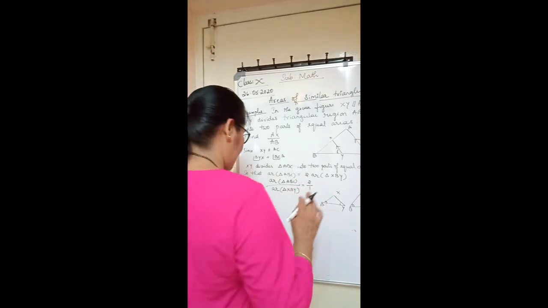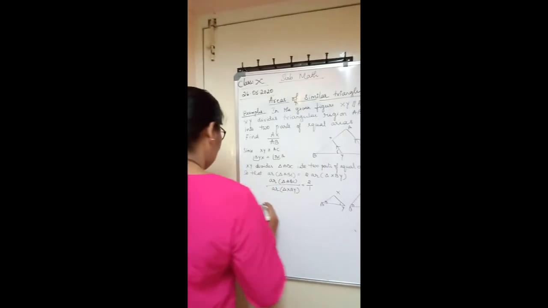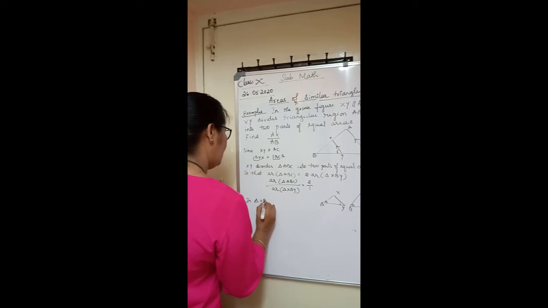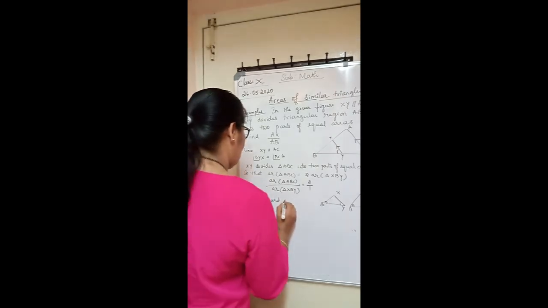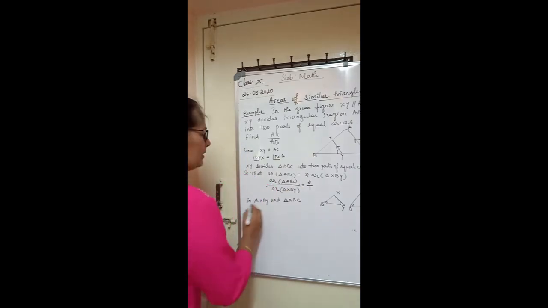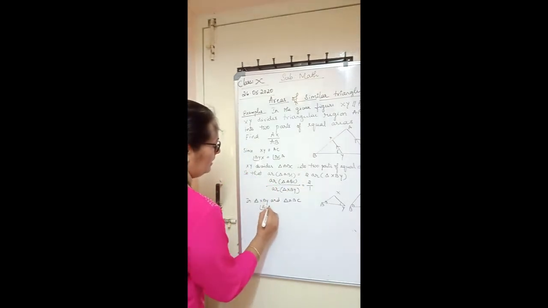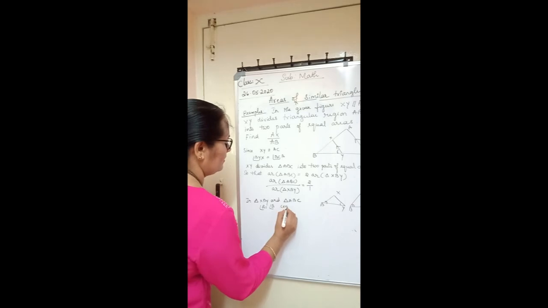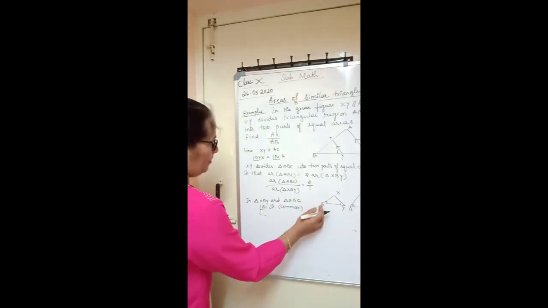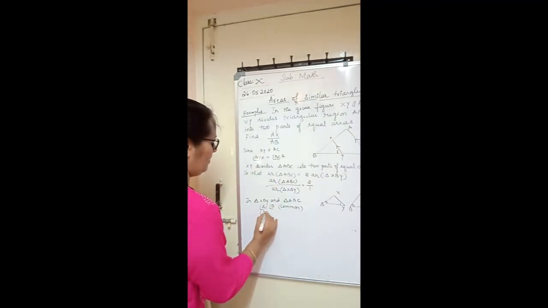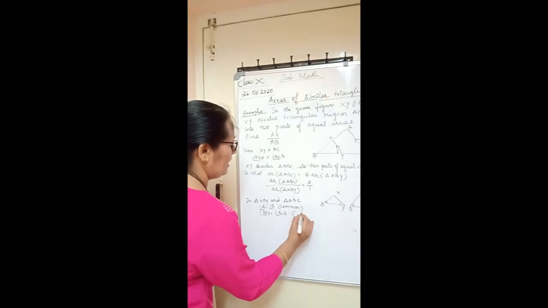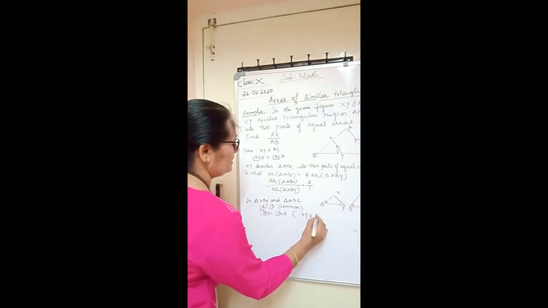So in triangle XBY and ABC, angle B is the common angle, and angle BYX equals angle BCA by XY parallel to AC.